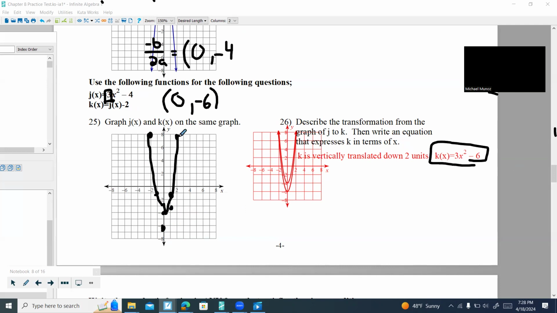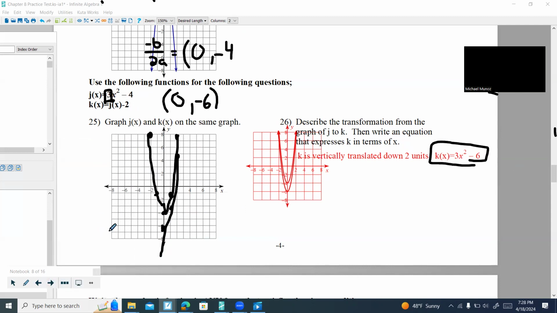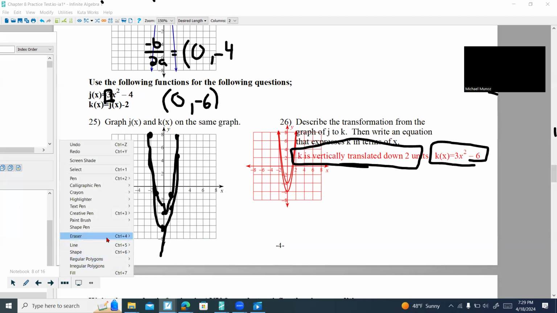It's just going to be 2 lower than this one. So this dot will be 2 lower than that one. It's going to be very similar to the last one we did. The only difference is it's moving down 2. That's why it says it's translated down 2 units. It's the same thing, just going down 2 units.